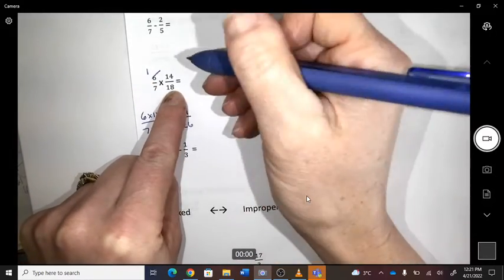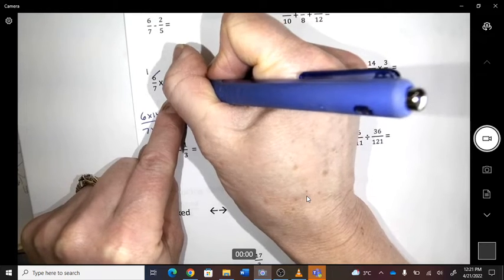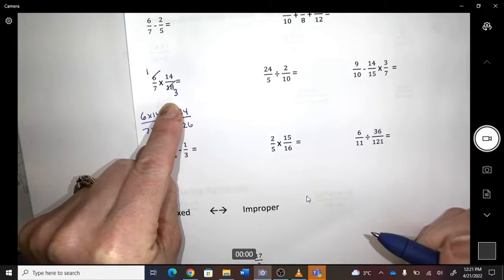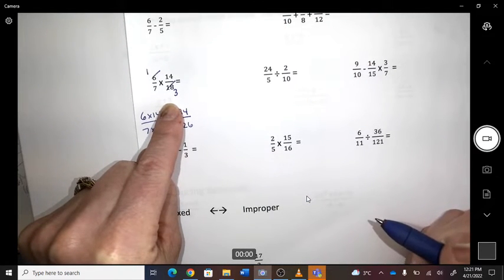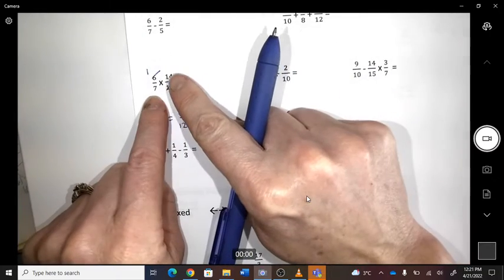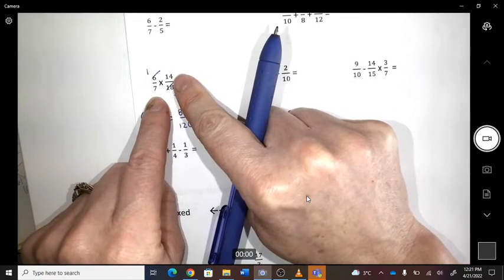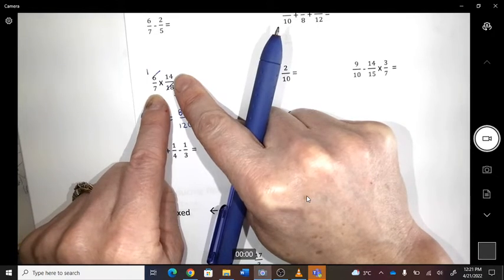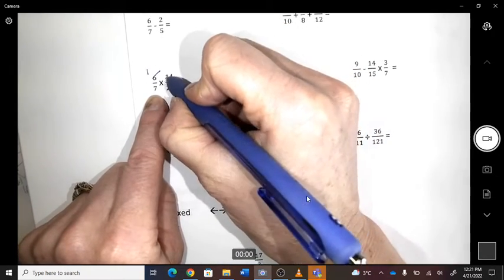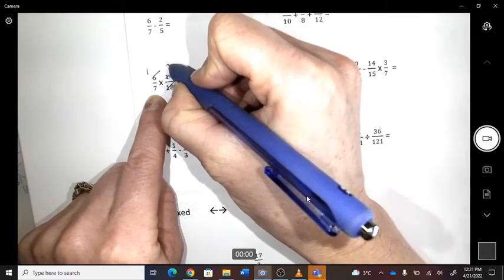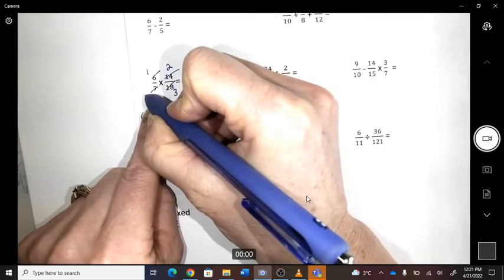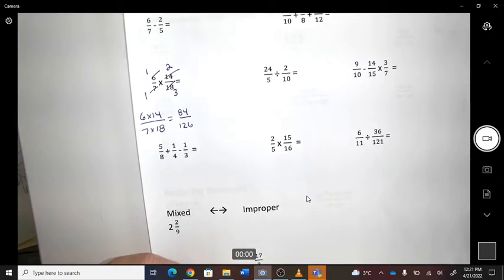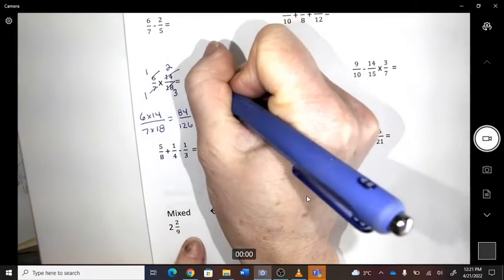And if I divide this by 6, it would turn into a 3. Now, I'm looking at 14 and 7. I could divide those both by 7. So 14 divided by 7 would turn into a 2. 7 would turn into a 1. So this would turn into 2/3.